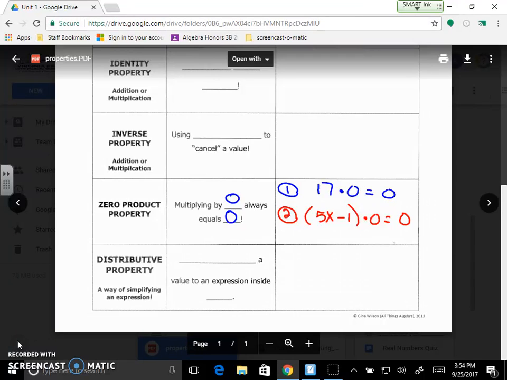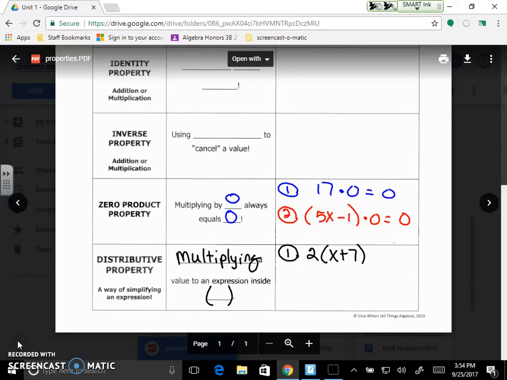The next property is distributive property, which we're going to definitely practice pretty soon. It is multiplying a value to an expression inside parentheses. So an example, 2 times x plus 7.